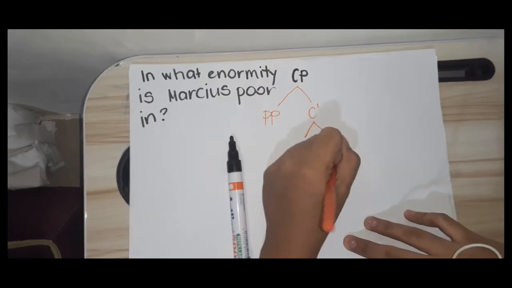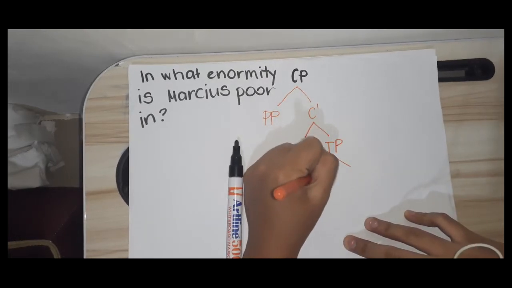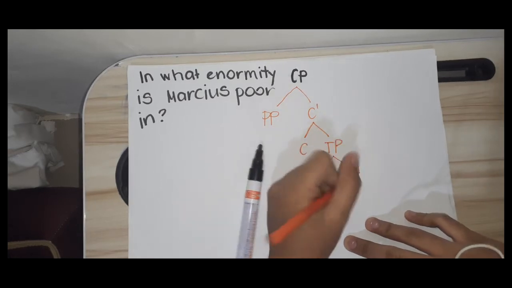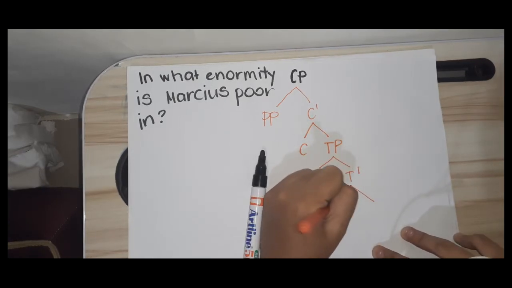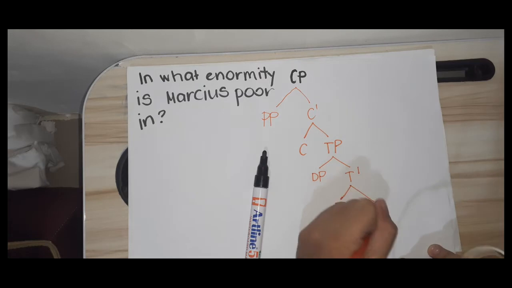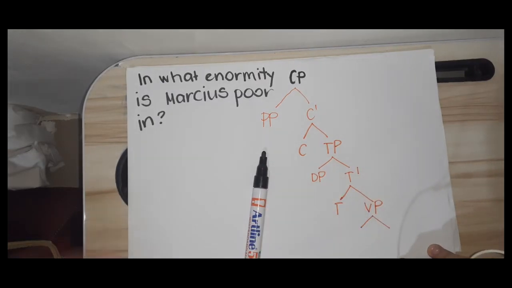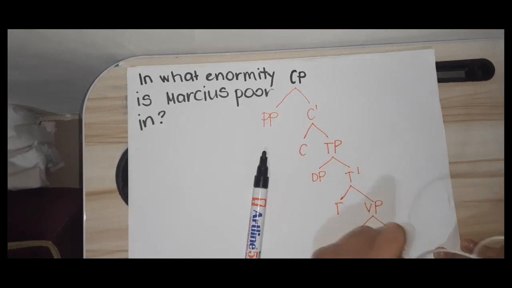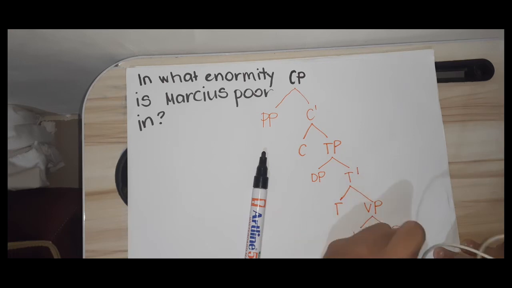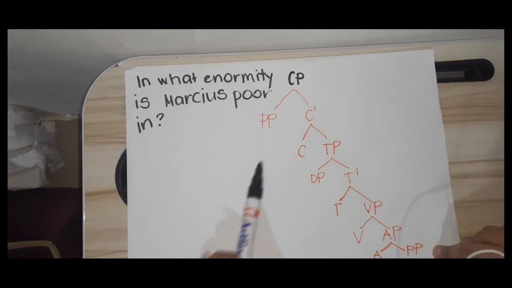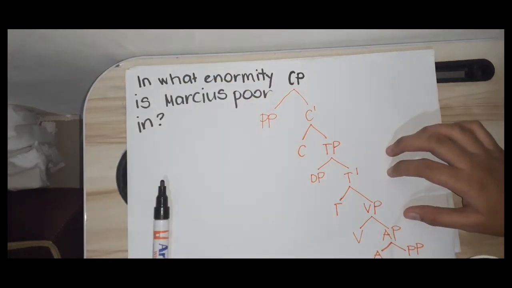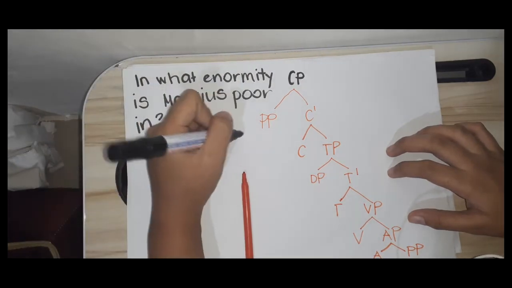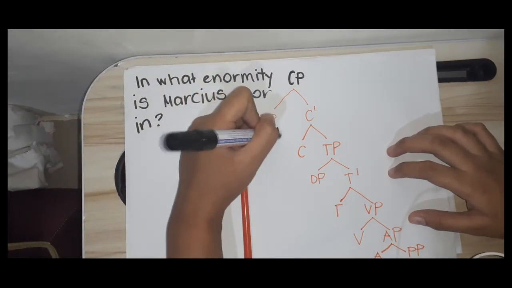Then after that space we have VP, V bar, VP. Under VP we have V, then AP, A and preposition. Under the prepositional phrase we have in what enormity.